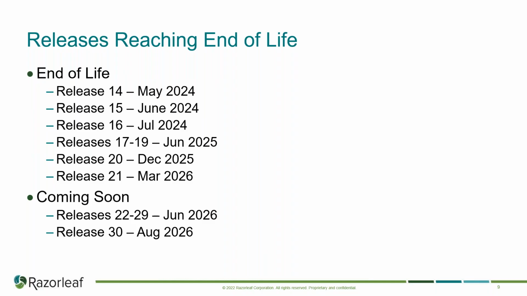Through subscription, you're still able to log a ticket with Aras, join their upgrade queue, and move forward. But they also have provided the ability for subscribers with less complex environments, not too much customization, to perform those upgrades themselves just by applying a patch on top of their current environment. And if you're a Razorleaf subscriber or you're curious, you can reach out to us and we can help walk you through that upgrade as well.